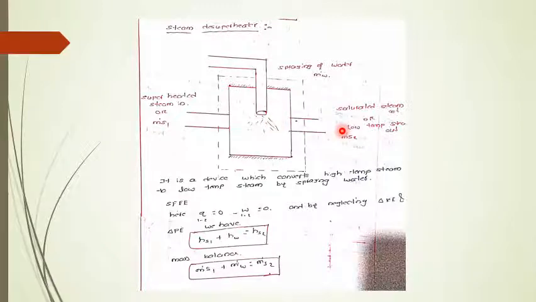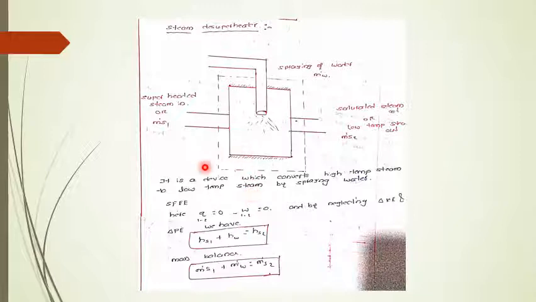For this steam desuperheater, let us apply the steady flow energy equation. We know this general steady flow energy equation, and in the desuperheater there is no heat transfer or work transfer from system to surrounding and surrounding to system. Heat transfer takes place between these two fluids, but it will be within the system. That is why heat transfer between system and surrounding will be zero. Similarly, no work transfer.